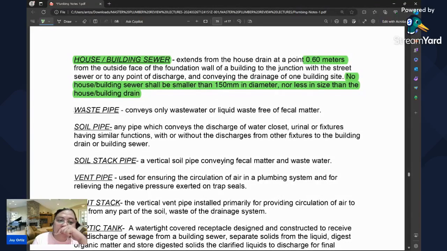Waste pipe: it conveys only wastewater. A waste pipe is usually for wastewater or liquid waste free of fecal matter. Soil pipe: any pipe that conveys the discharge of water closets, urinals, or fixtures having a similar function, with or without the discharges from other fixtures, to the building drain or building sewer.